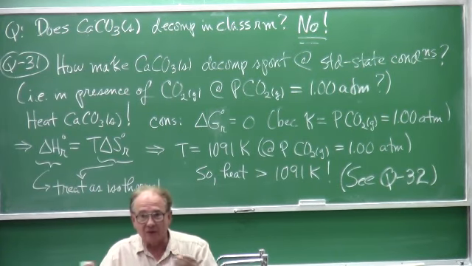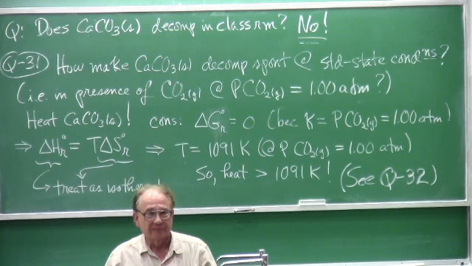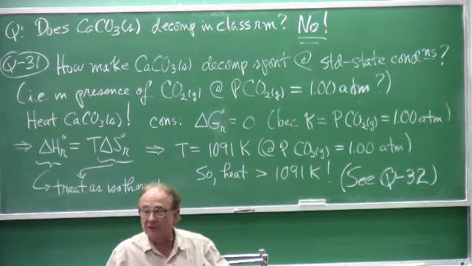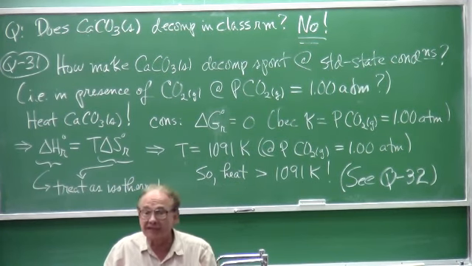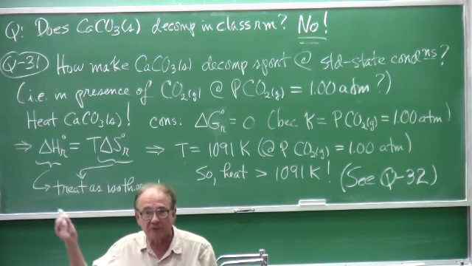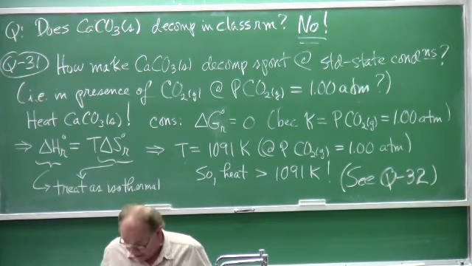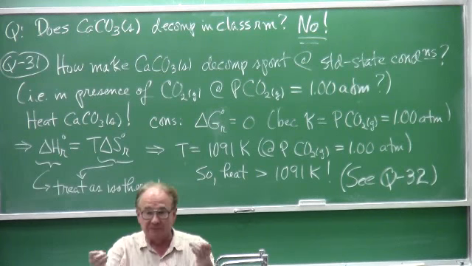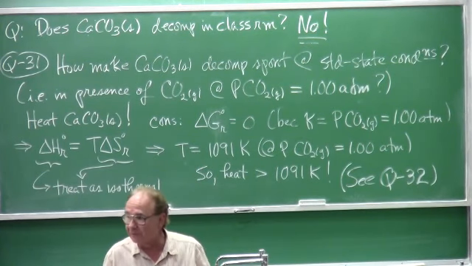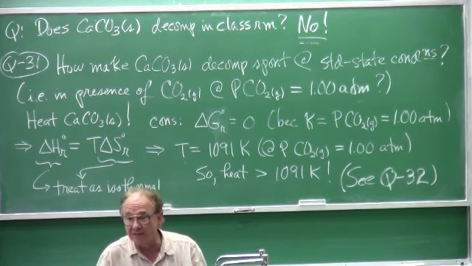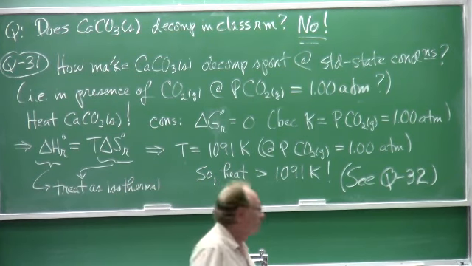And as long as I don't close the system, and atmospheric pressure is 1 atmosphere, or at least less than the partial pressure of CO2 produced by our decomposition reaction, this reaction will keep on going. Keep the temperature above 1091 K. And that's the way calcium oxide is made, commercially.